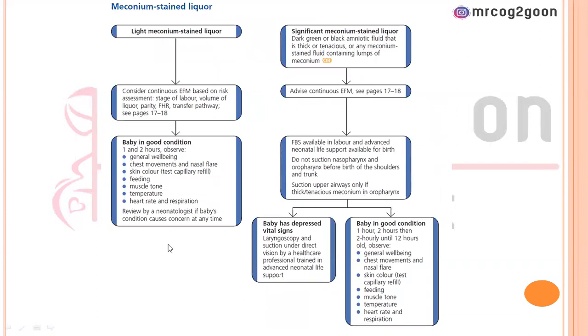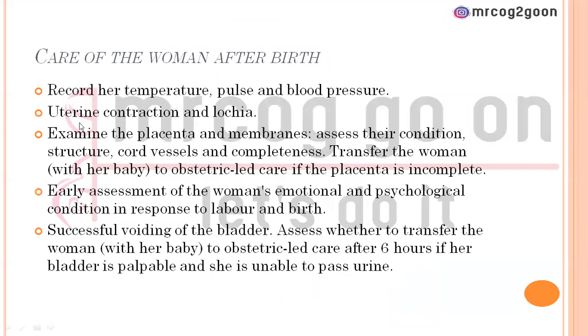We discussed this before for the meconium. Care after birth: record temperature, pulse, and blood pressure, uterine contraction and lochia. Examine the placenta and membranes, assess their condition, structure, cord vessels, and completeness.